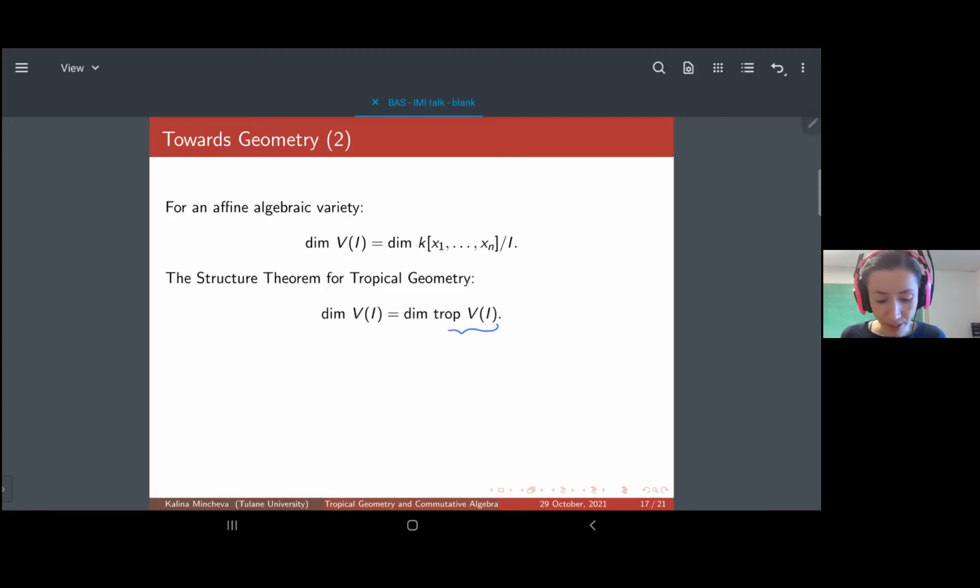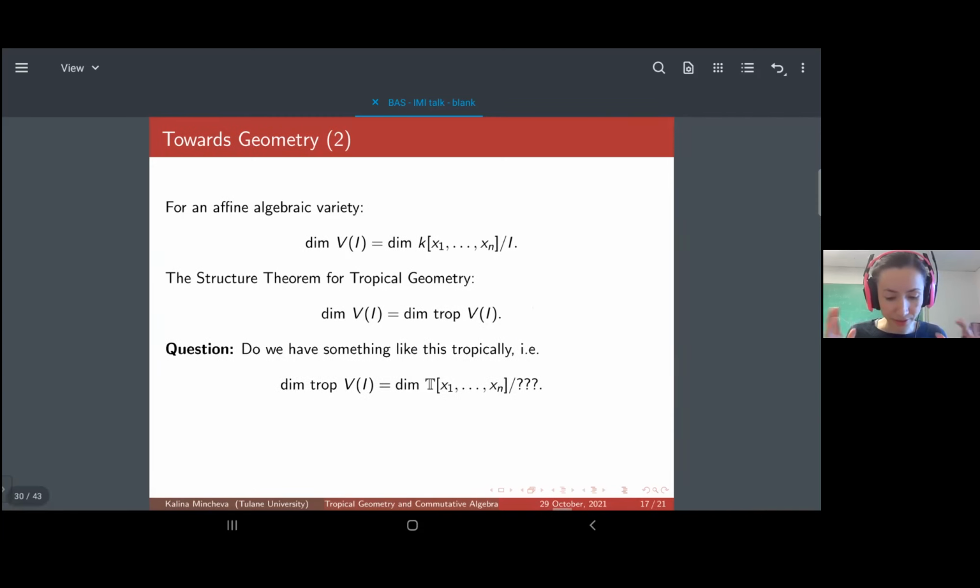Now, the tropical variety is a polyhedral complex, but it's pure dimensional. So pick any maximal cell, and the smallest dimension of the affine space that it lives in is the dimension of this polyhedral complex. And these two numbers happen to be the same.